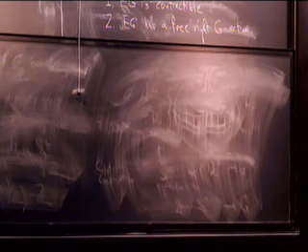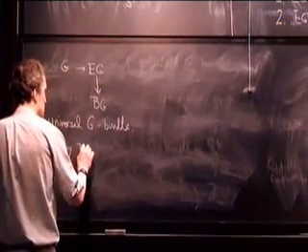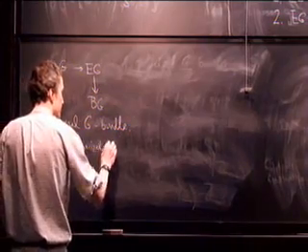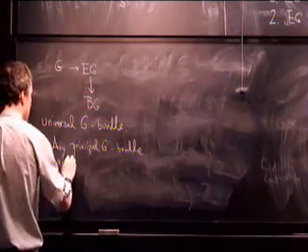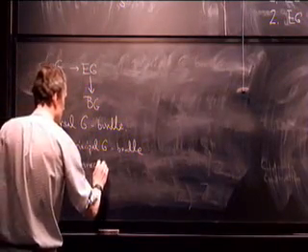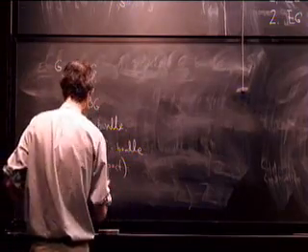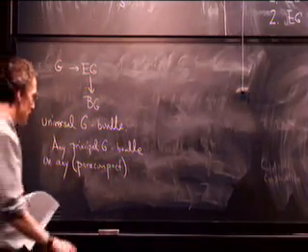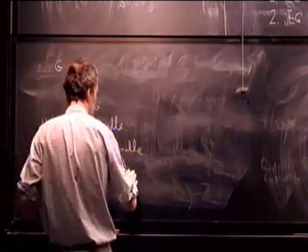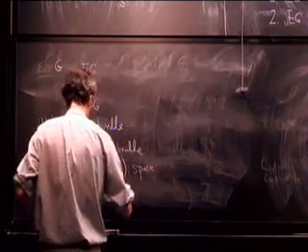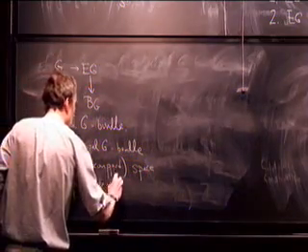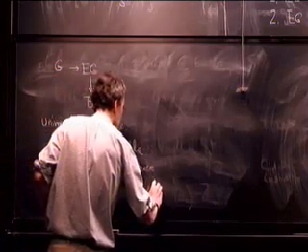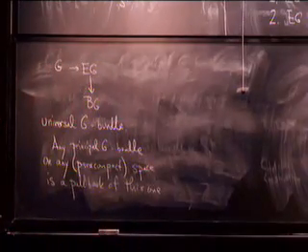So any principal G bundle on any, say, paracompact, any reasonable space. Read reasonable if you don't know what paracompact means. On any reasonable space is a pullback of this one. So I call it the Platonic G bundle.